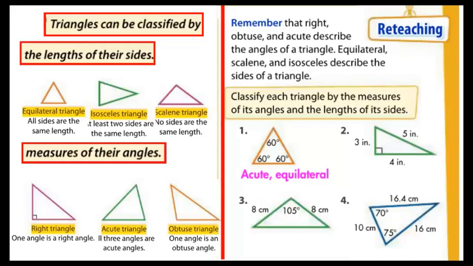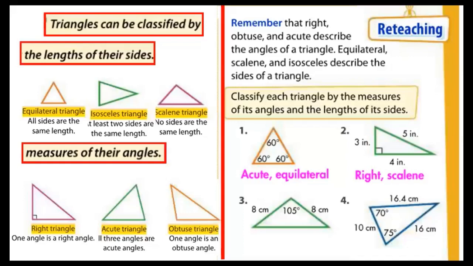So I can classify the green triangle in two ways. Right-angled triangle. Also, because we have zero sides equal in length, I can call it a scalene triangle. So my answer here will be right scalene triangle for the green one.